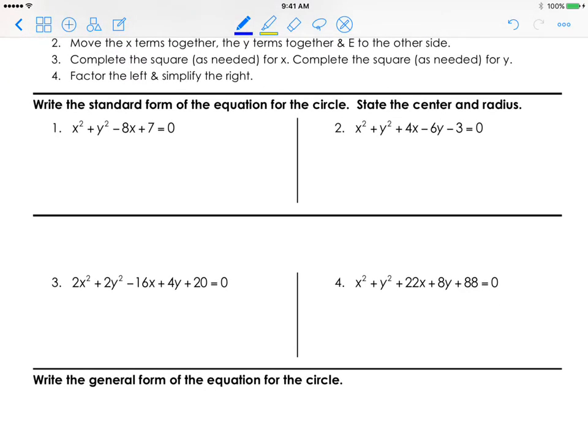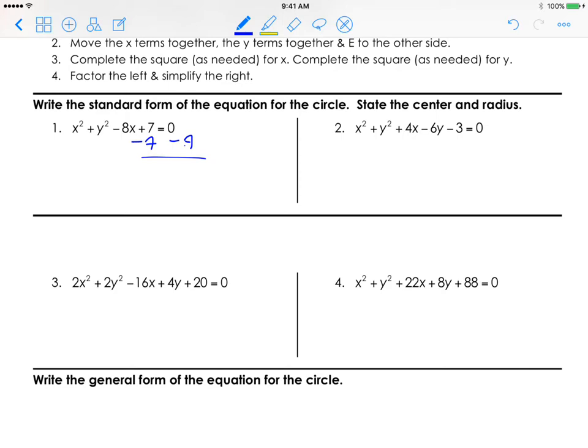Write the standard form of the equation for a circle and then state the center and the radius. You ready? So our first step is to get our like terms together. I want to put my x's with my x's, my y's with my y's, and any constant that exists, I want to kick it to the other side.